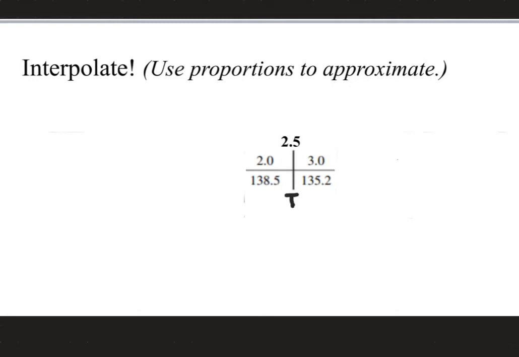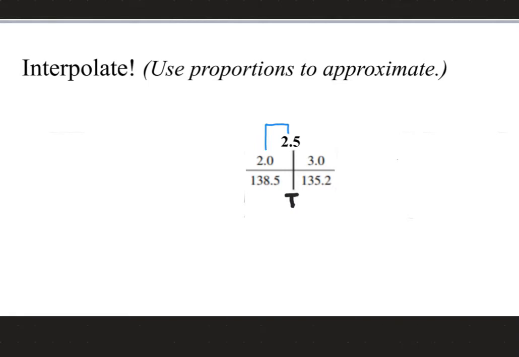Instead of using a question mark for the unknown value, I'm going to use a capital T to stand for temperature. My first step is to determine the difference between the value we're interested in for the independent variable, and either the value in the chart that is below it or above it. And once I choose whether I'm using below or above, I'm going to do the same for the dependent variable.